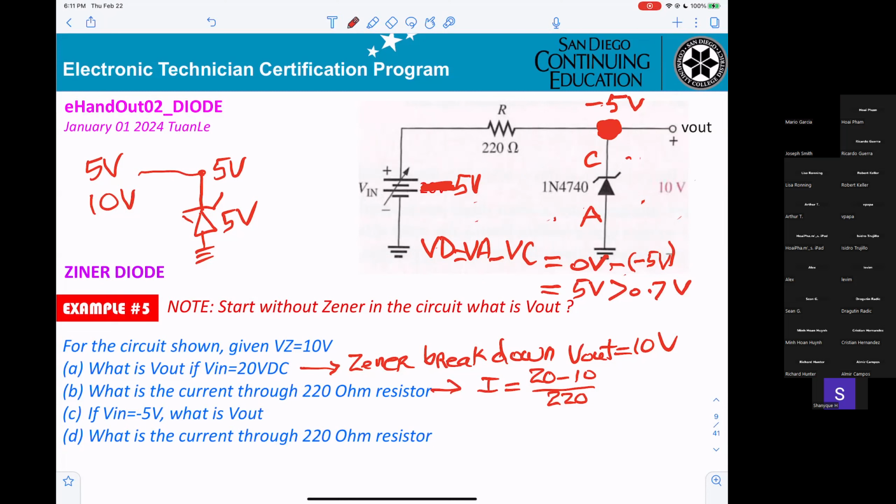Okay, you substitute the diode by the battery, and the other side minus 0.7.